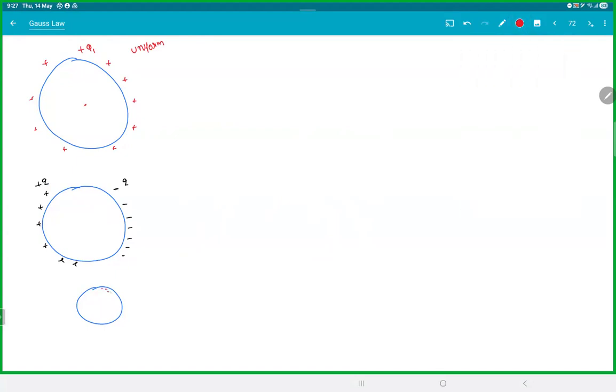And we have a non-uniform minus Q1 in the inner cavity. So when I combine these three, isn't this the conductor? This is the charge distribution on the conductor. So you can divide them into three different shells for convenience. It will be easier to see what each one is doing on the conductor. So basically two charges on the surface and one charge inside the cavity.